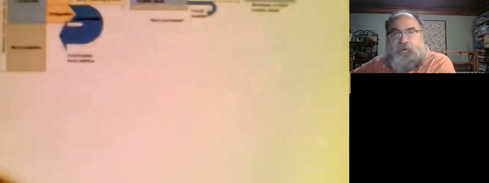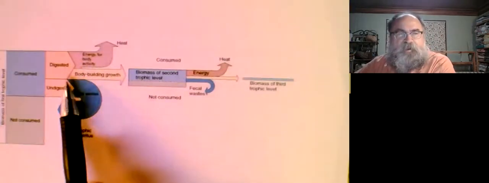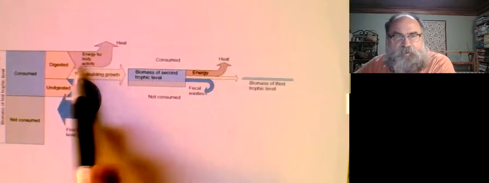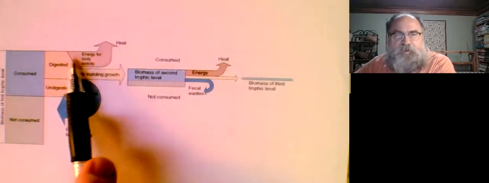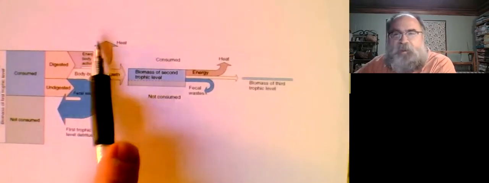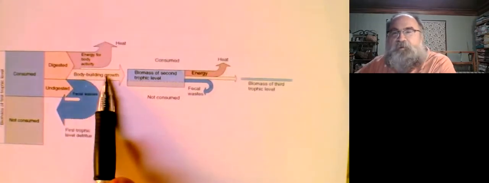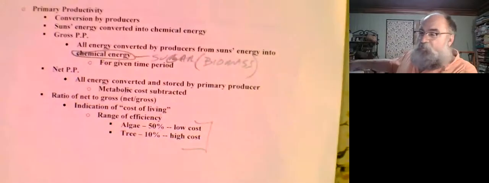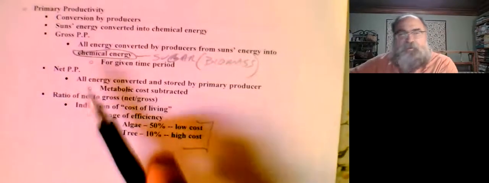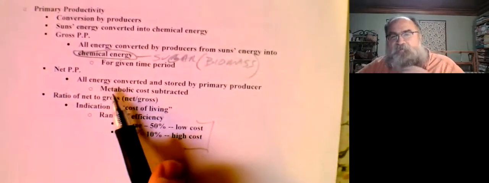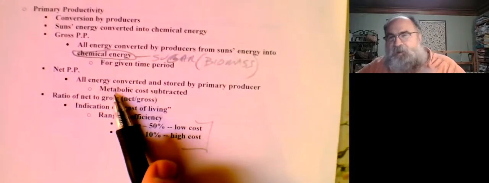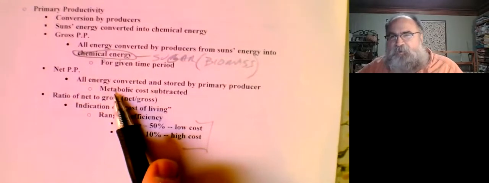And so just like all of these, well, if you're the sheep, some of it is digested. Some of that ends up having to maintain your body, and some of it ends up building your body. The same thing for the plants. The plants have to have metabolic cost. They have to run that photosynthetic machinery.